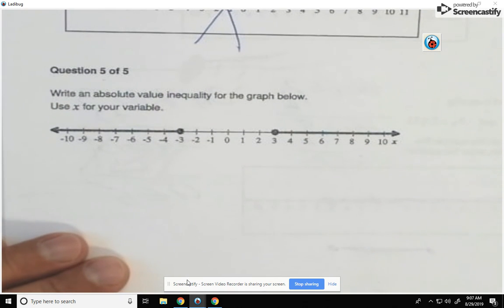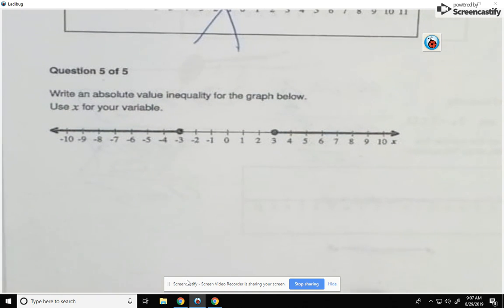Okay, question 5 asks us to write an absolute value equation for the graph given.